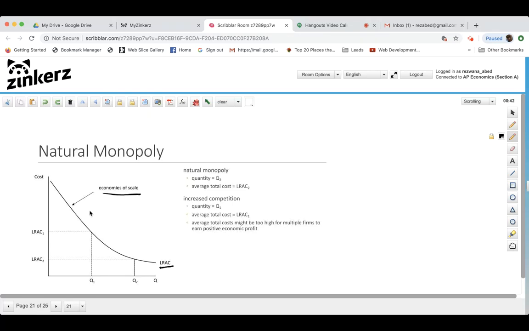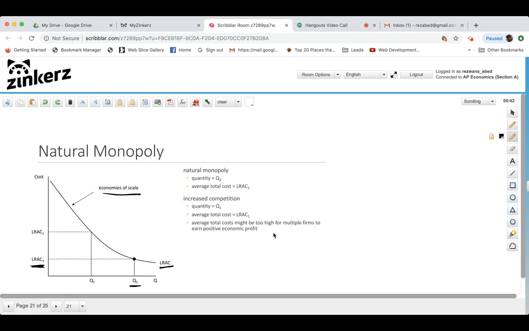You're supplying the demand for the entire city. So the quantity that you are going to produce is going to be out here at Q2, and the long run average cost associated with Q2 is this one, LRAC2, right?